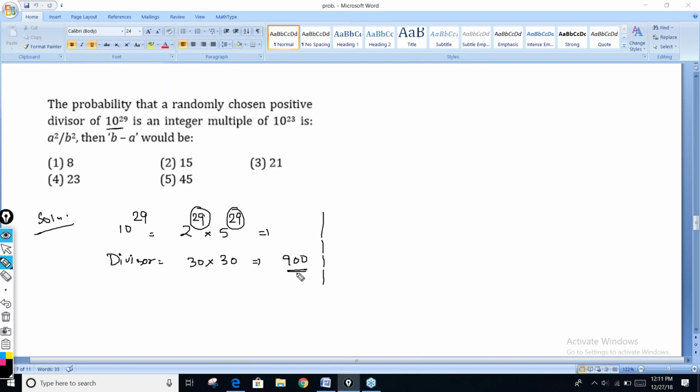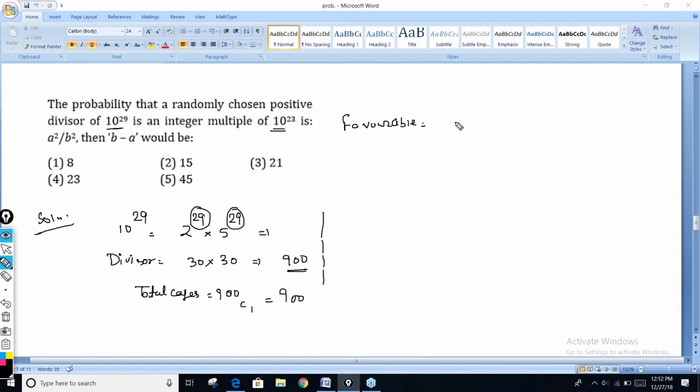So we are selecting any one of the divisors out of these 900 divisors. So total cases are 900. What are favorable cases? Now it is saying favorable cases are those where the divisor should be a multiple of 10 raised to power 23.